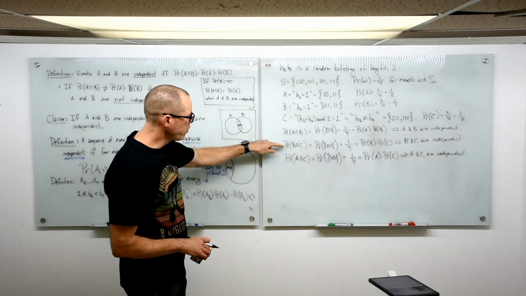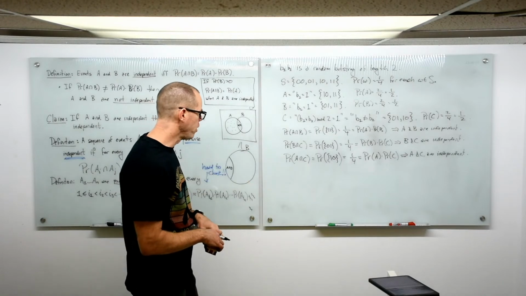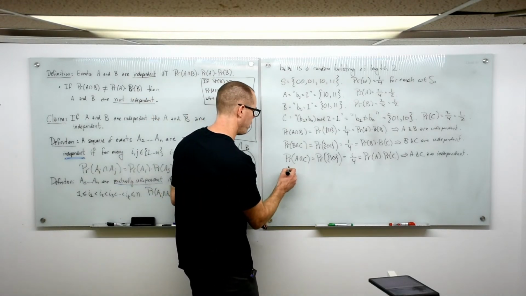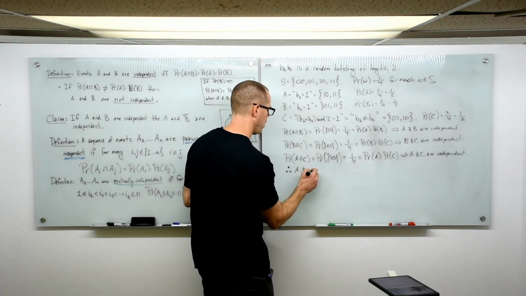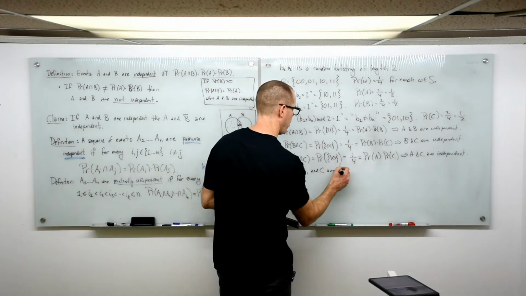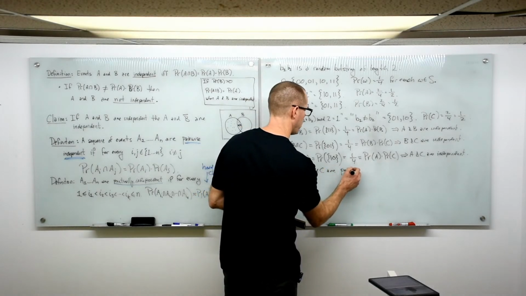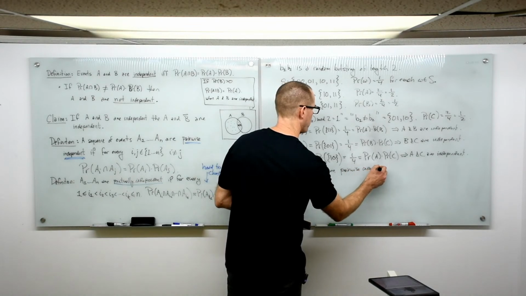Because each of the three pairs are independent, we conclude that A, B, and C are pairwise independent.